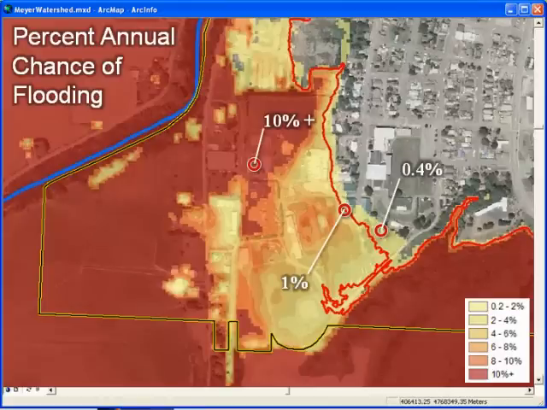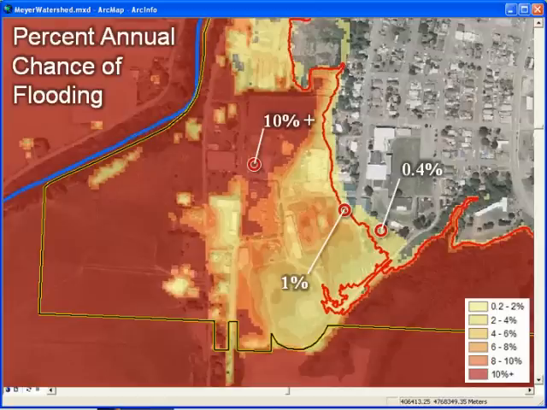Now this is the percent annual chance in any given year of what would happen. So outside of this line is the 100-year event, or the 1%. What I was explaining before is as you get closer to that 100-year line or boundary, your percentage goes down in probability of flooding in a given area.